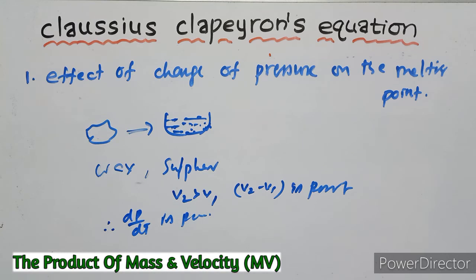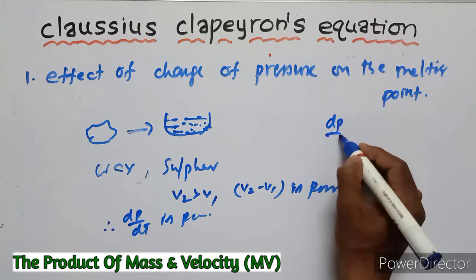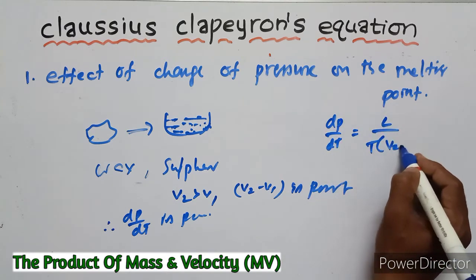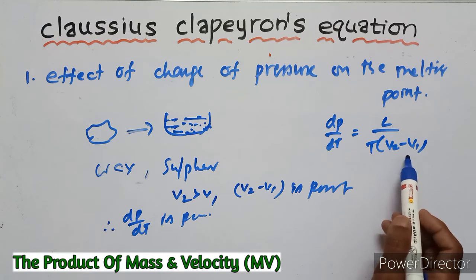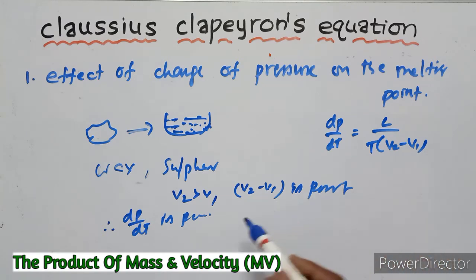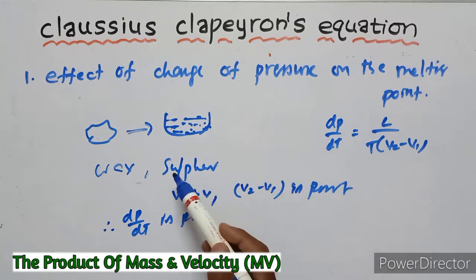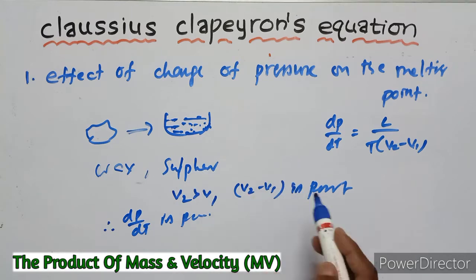In the Clausius Clapeyron's equation, dP upon dT is equal to L upon T into (V2 minus V1). When V2 minus V1 is positive, dP upon dT is also positive. So this means the melting point of wax or sulfur, these type of substances, rises with increase of pressure.